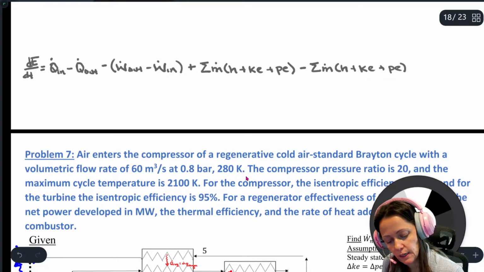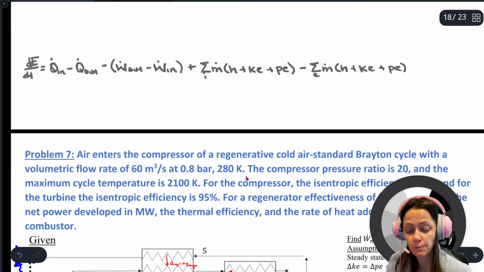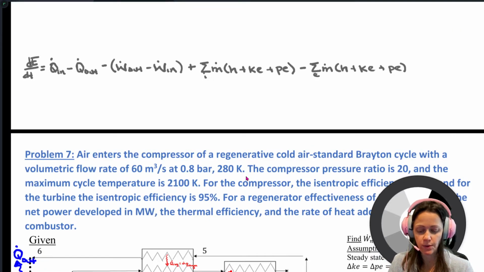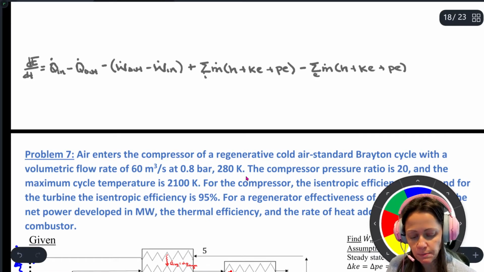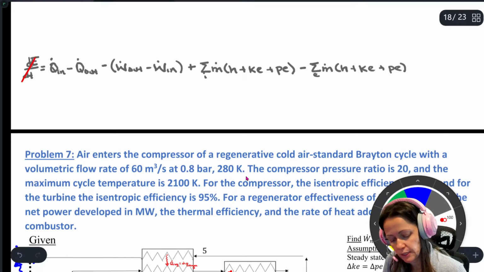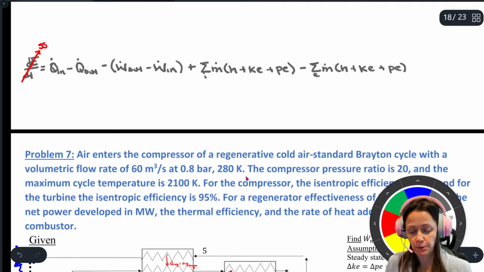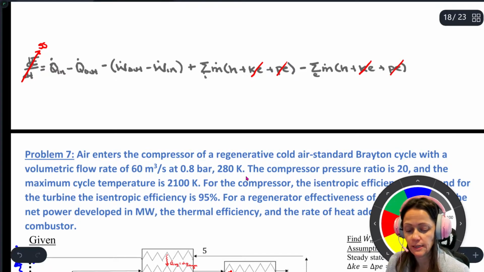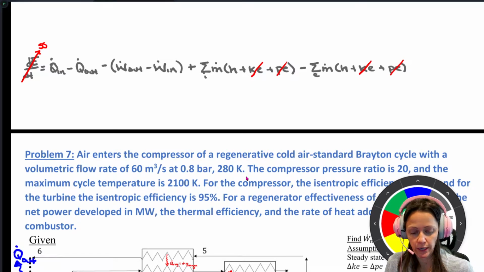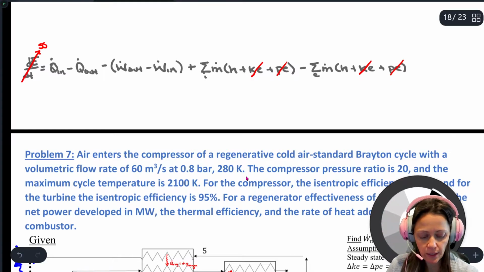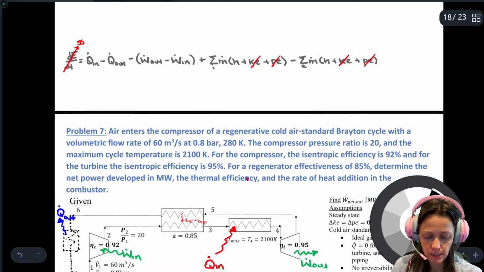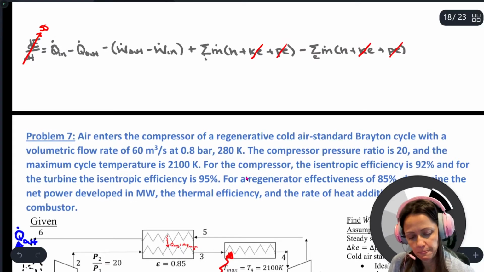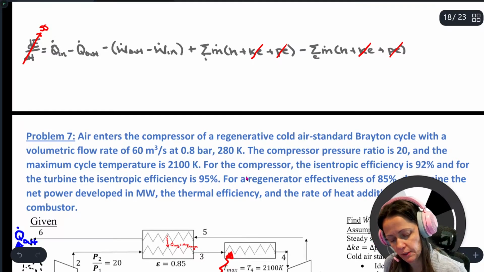This is going to be applied for any section of that cycle that we might want to look at. And there are some things that are going to go away, right? For all of these cycles that we're looking at, we're assuming they operate at steady state. And we're going to say the kinetic and potential energy changes are negligible. Let's keep on with this.